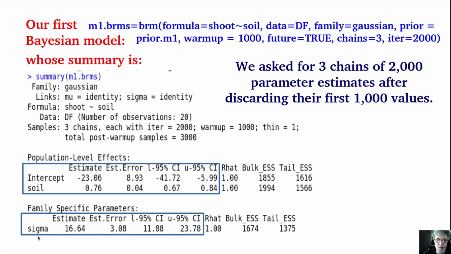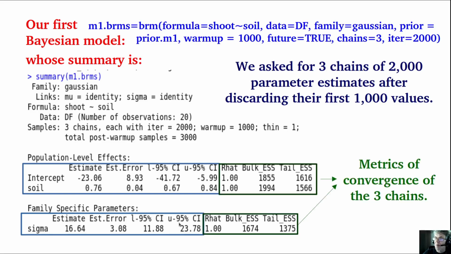First of all, we have the descriptive statistics of the posterior distribution for each of the 3 parameters. We have the mean, we have the standard deviation, which becomes the standard error, and the 95% credible intervals for each of the 3 parameters. And then we have metrics of the convergence of the chain.